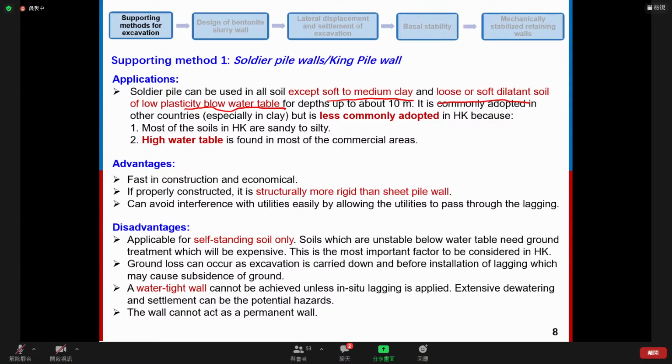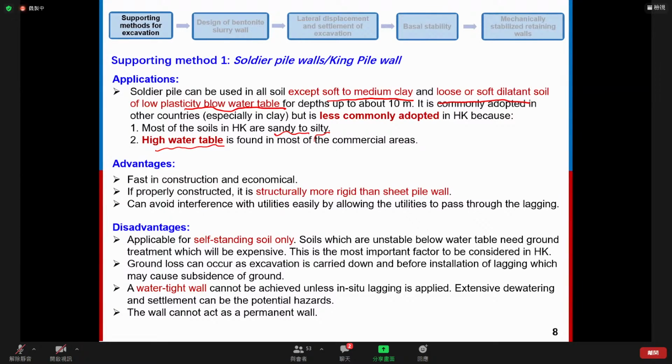Considering most of the soil in Hong Kong is sandy soil or silty soil, and a high water table is found in most of the commercial areas, therefore, soldier pile wall is not very commonly used in Hong Kong.